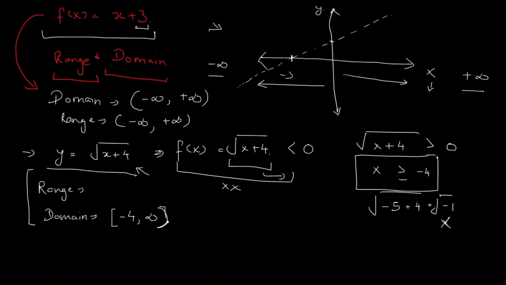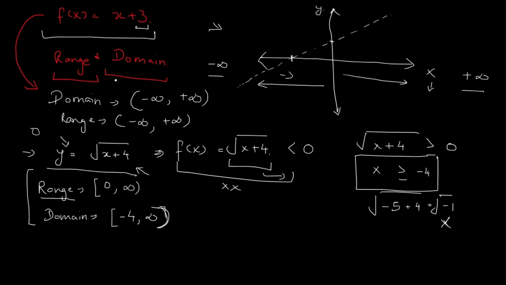And the range: the least value this function can go to is 0. It cannot go negative. So the range is 0 to infinity, right? So these are the range and domain topics we covered, with 2 examples.